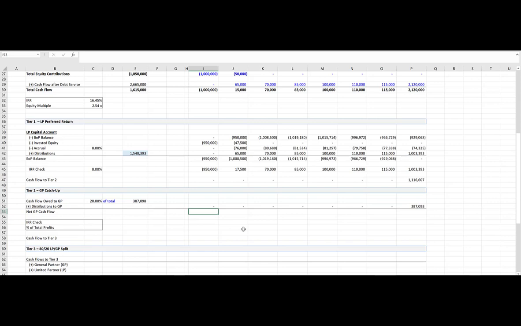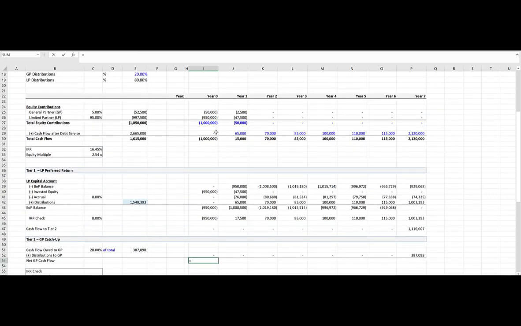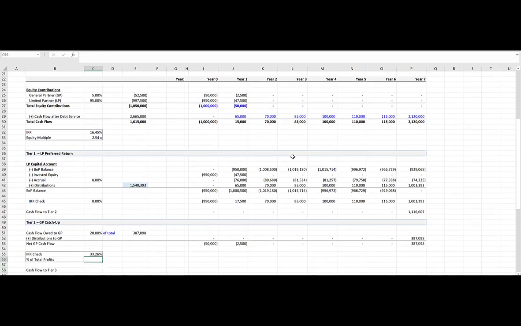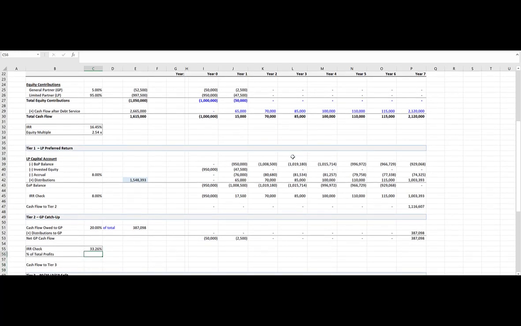And the net GP cash flow is going to be the GP contributions plus what's distributed in Tier 2 to the GP. And we can do an IRR check. There really isn't a check here, but that's just the IRR at the end of Tier 2 to the GP and the percentage of total profits. Really, we're going to check this later on in the model.